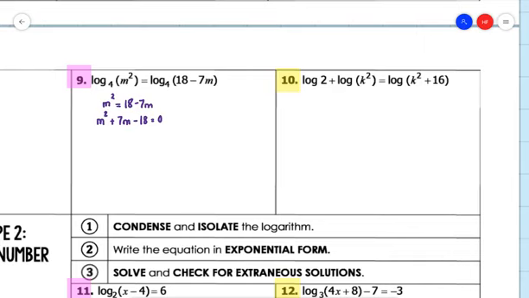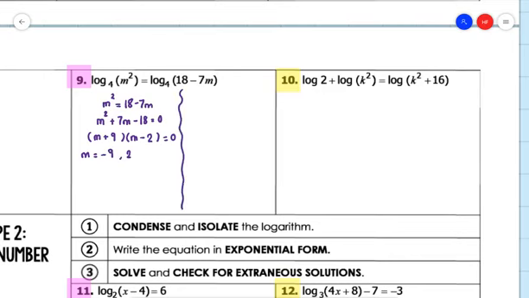When I moved them over to the other side of the equal sign, I changed their signs. Then I'll factor. Two numbers that multiply to negative 18 but add to 7 are positive 9 and negative 2. So m would equal negative 9 and positive 2.